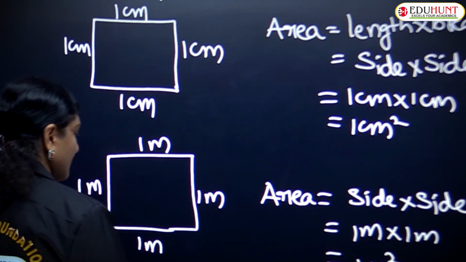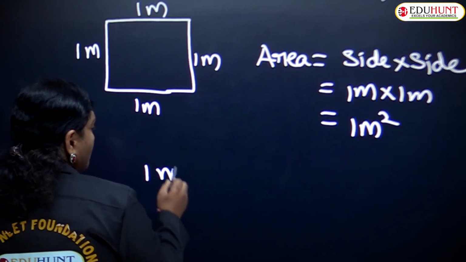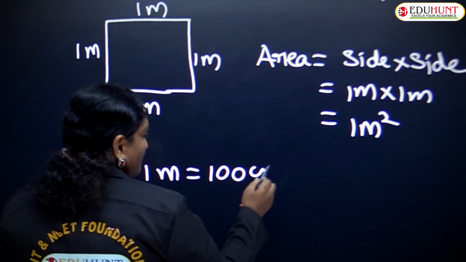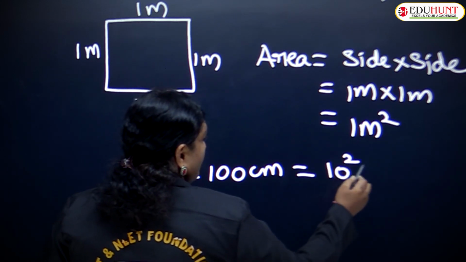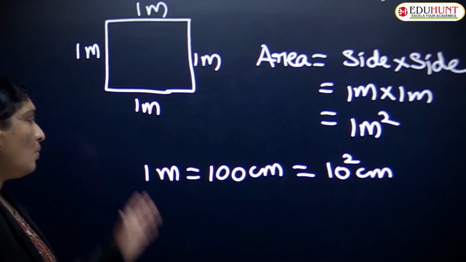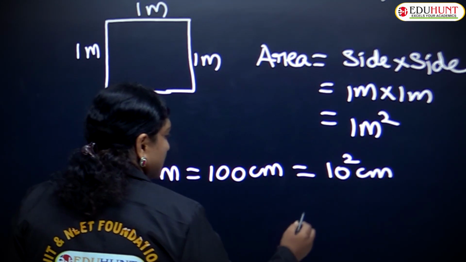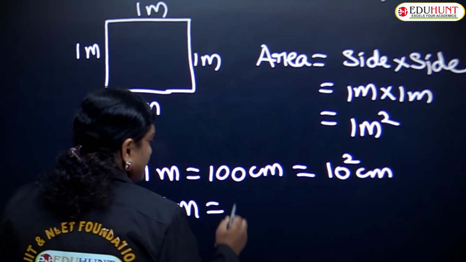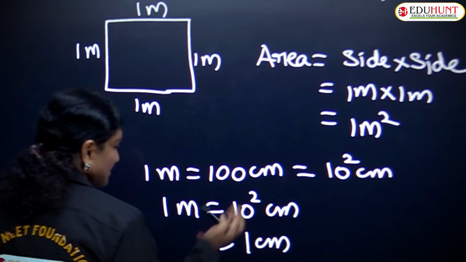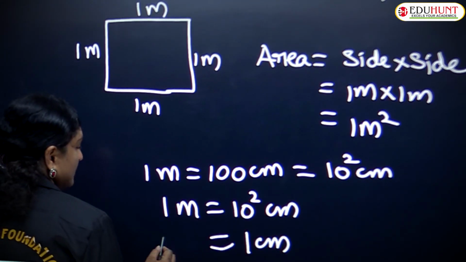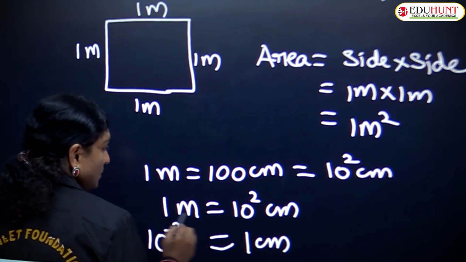As we already discussed in our previous examples, the value of 1 meter is equal to 100 centimeters, or 10 square centimeters. So 1 meter is equal to 10 square centimeters, or 1 centimeter is equal to, bringing the 10 square to the other side, 1 by 10 square, 1 by 100, which is nothing but 10 power minus 2 meters.